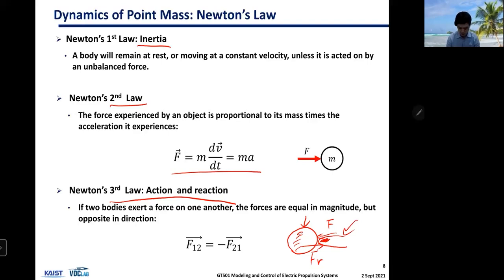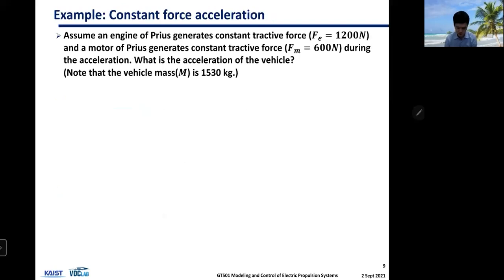So if you apply torque on your vehicle wheel, then torque is translated to translational force acting on the body, which pushes the vehicle forward. But that means there's the same amount of force acting on the ground. Okay, obviously the ground has large inertia.